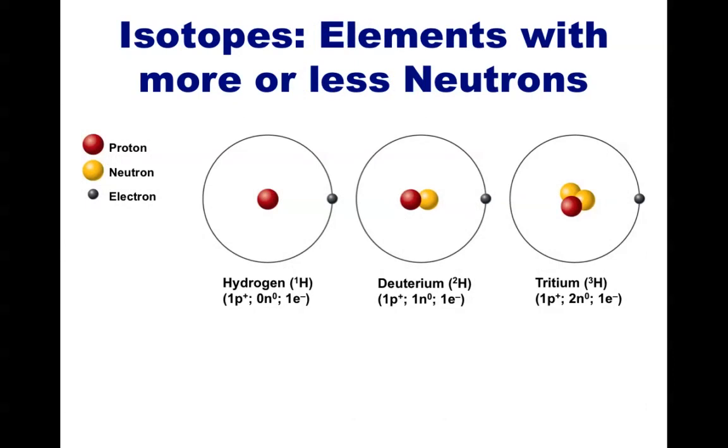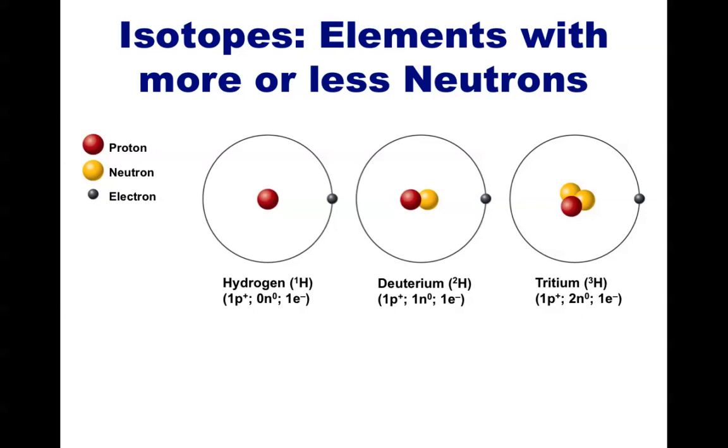Before I talk about how these atoms behave, just one more note about the nucleus of the atom. Atoms with different numbers of protons are different elements. Atoms with the same number of protons are of the same element, and atoms of the same element that have different numbers of neutrons are called isotopes.